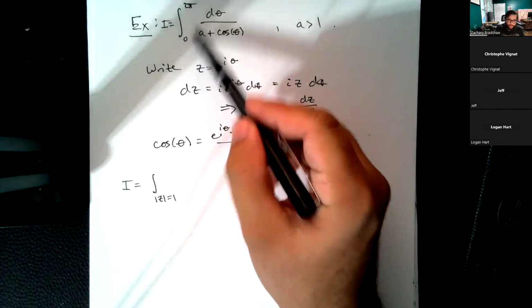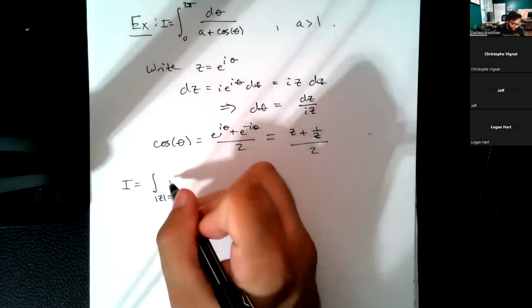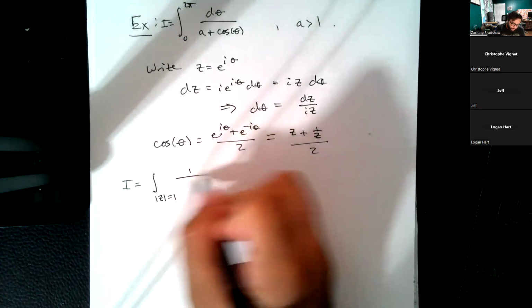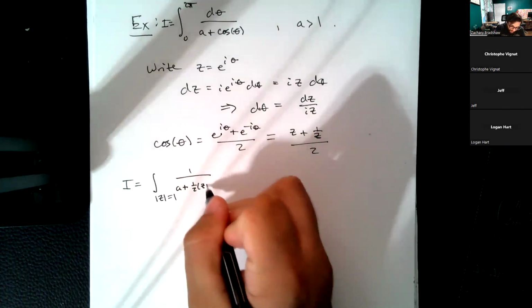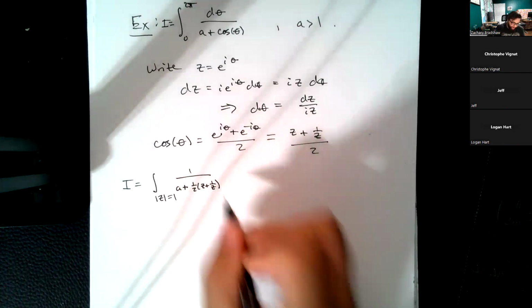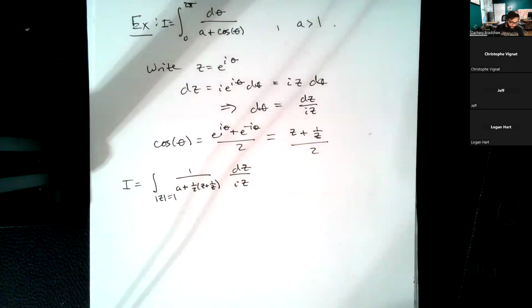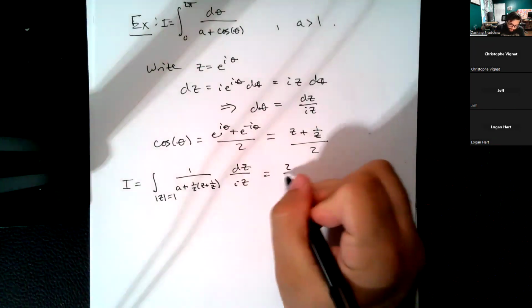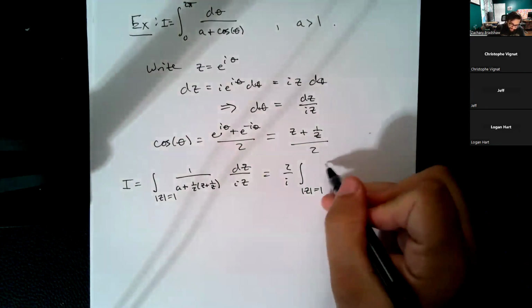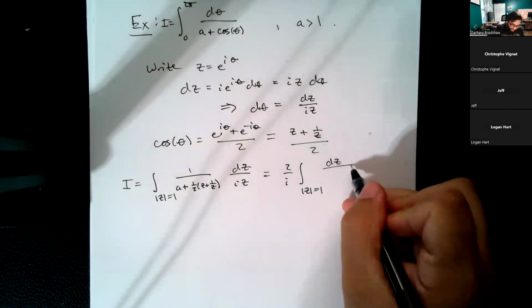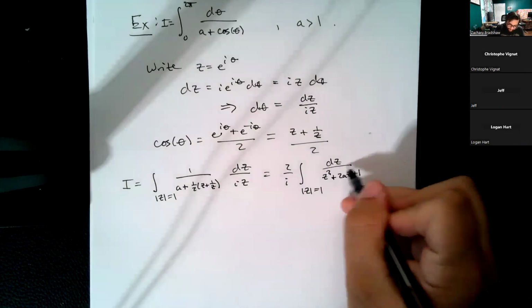As theta goes from 0 to 2 pi, we're tracing out the circle of radius 1 in the complex plane, of 1 over a plus 1/2 z plus 1 over z. And then d theta is dz over iz. And this is 2 over i, the integral along the circle, radius 1, of dz over z squared plus 2az plus 1.